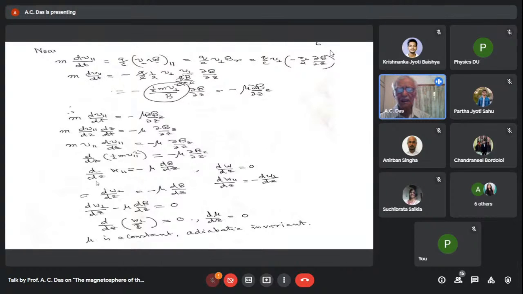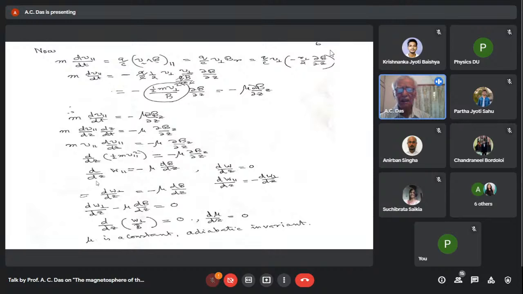Here the total energy is conserved, as I have mentioned at the very beginning. So long as the magnetic field is slowly varying, the total energy is conserved, and therefore dW parallel/dz is equal to minus dW perpendicular/dz, and therefore in the left hand side we change it. What I want to say is that dmu/dz equals 0.